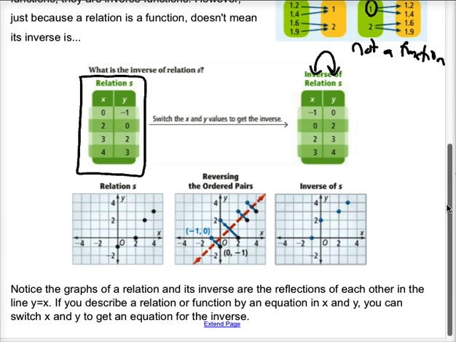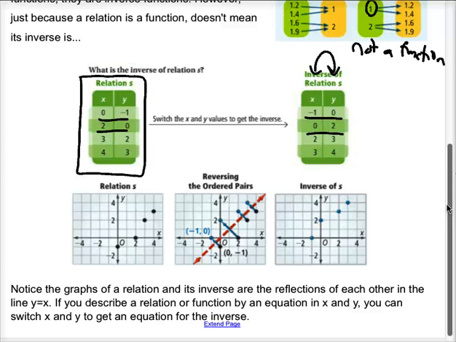Look, now instead of the point (0, -1), we have the point (-1, 0). Instead of the point (2, 0), now we have the point (0, 2). So literally all you do to create an inverse is flip the x and y values in that set of numbers.